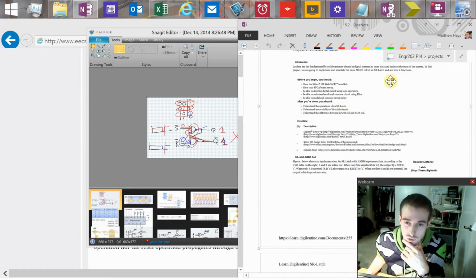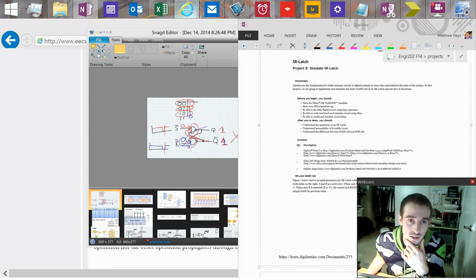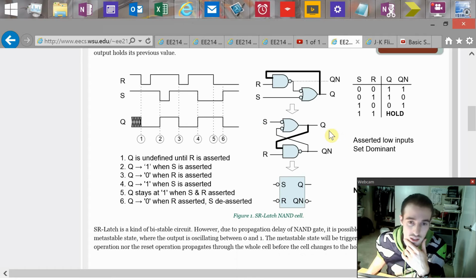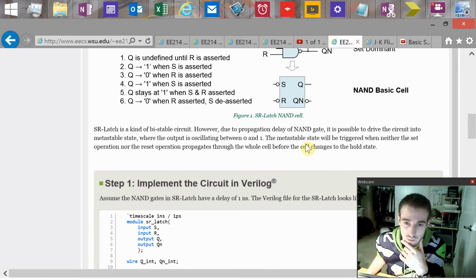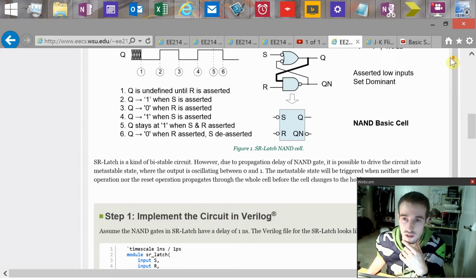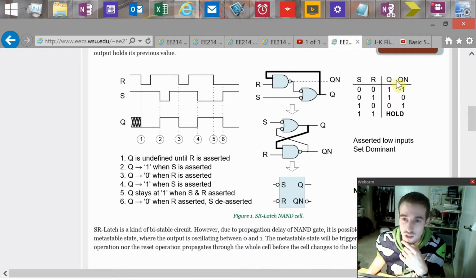The way it's stated in the project file is that the metastable state will be triggered when neither the set operation nor the reset operation propagates through the whole cell before the cell changes to the hold state. Okay, and the hold state is here, 1, 1.